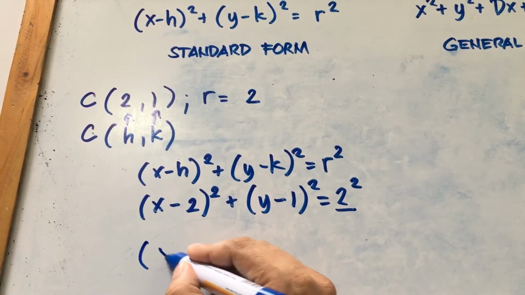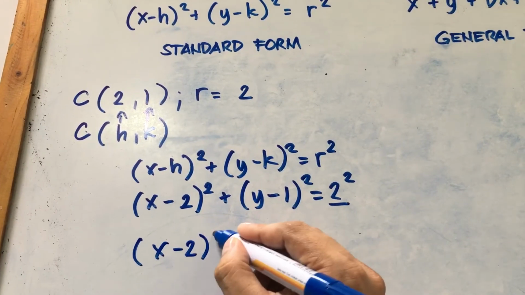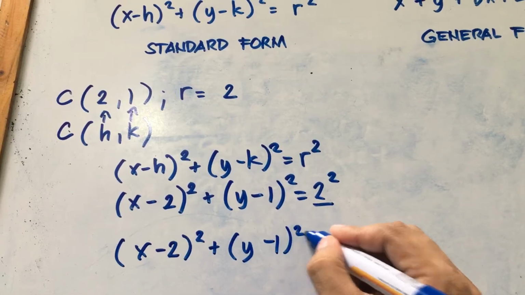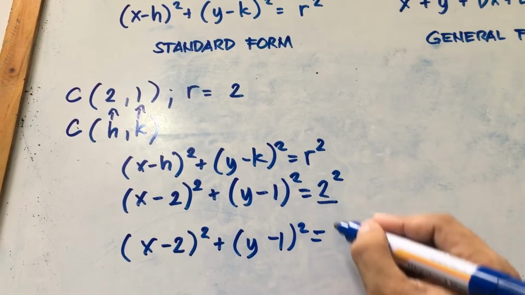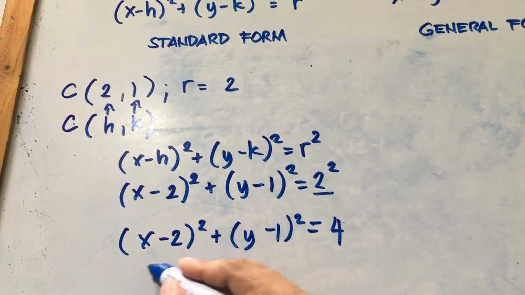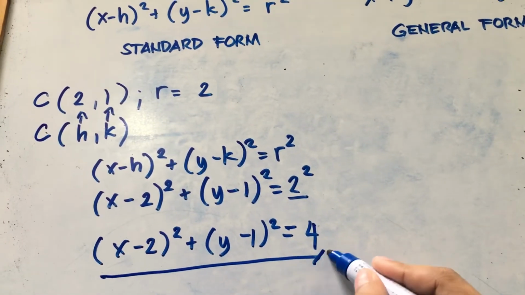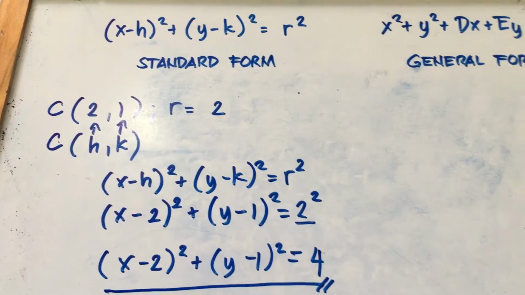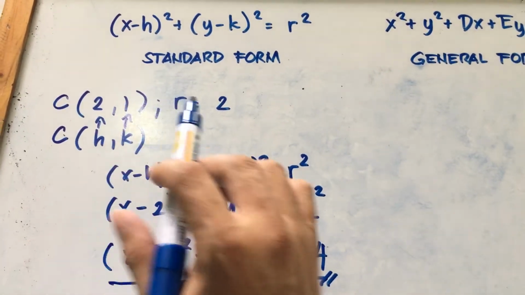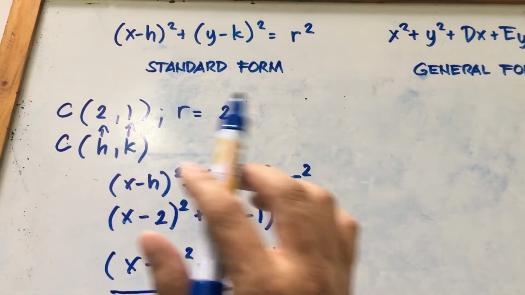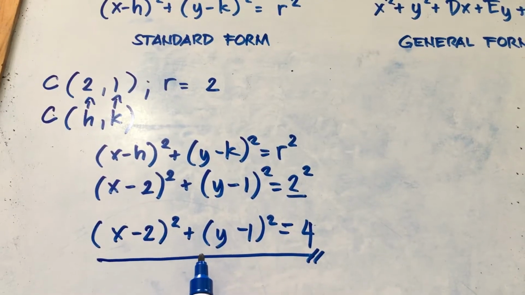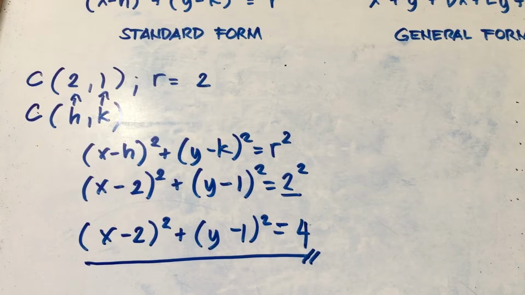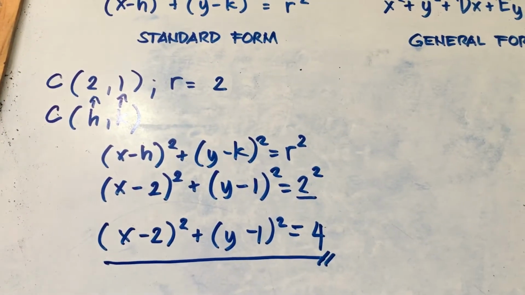So we'll have (x - 2)² + (y - 1)² = 2² = 4. This is the final answer when you're asked to find the standard form of your given circle, the center and its radius.